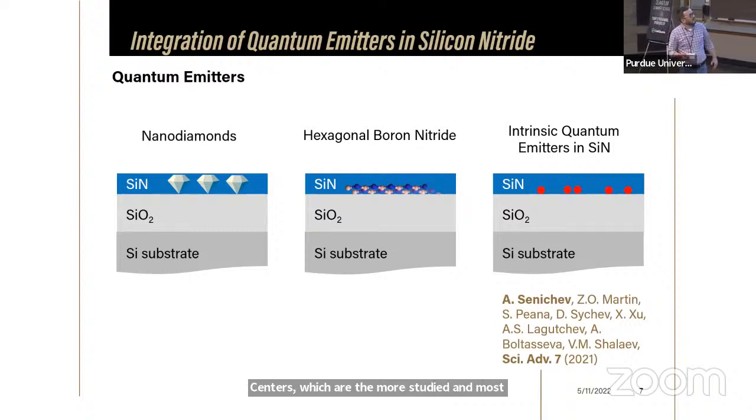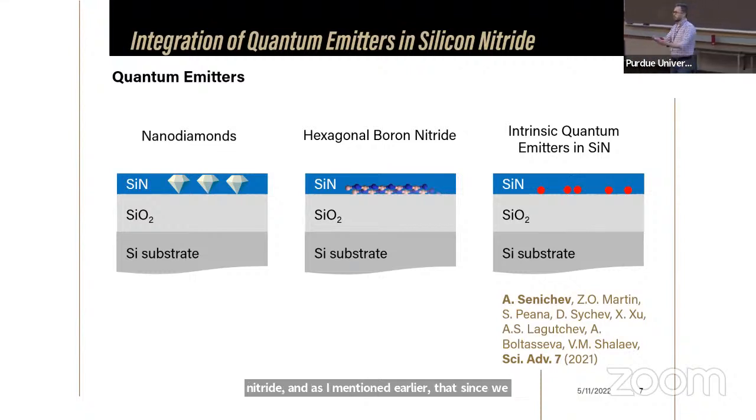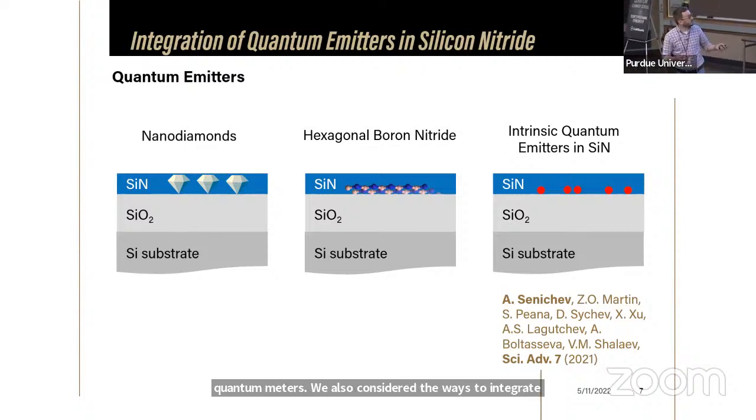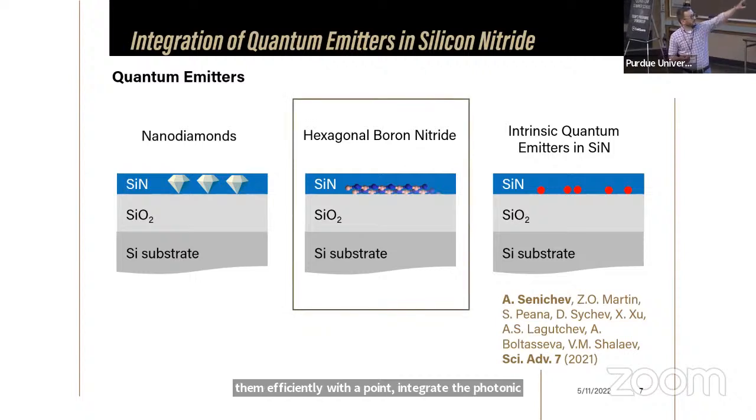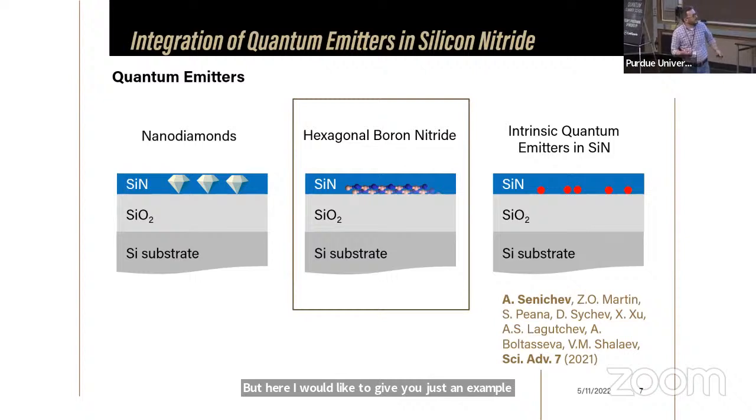We also studied hexagonal boron nitride defects. And as I mentioned earlier, since we discovered intrinsic quantum emitters in this low autofluorescence silicon nitride, we also considered ways to integrate them efficiently with integrated photonic circuits. But here I would like to give you just an example of our work with hBN.